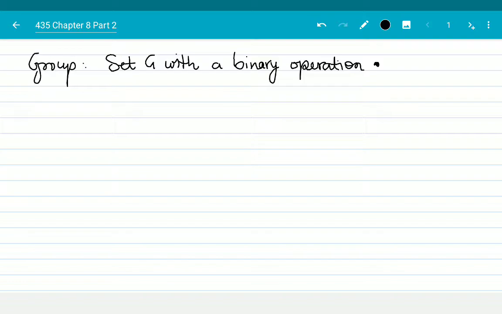Right now I'm denoting dot, satisfying four conditions, four properties.